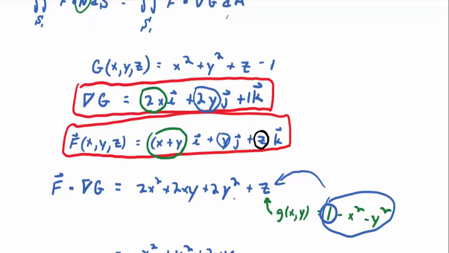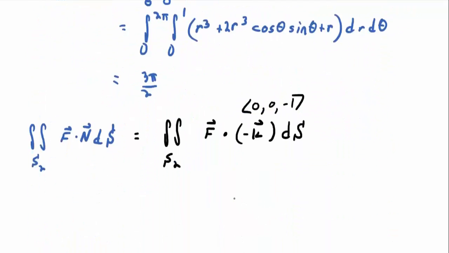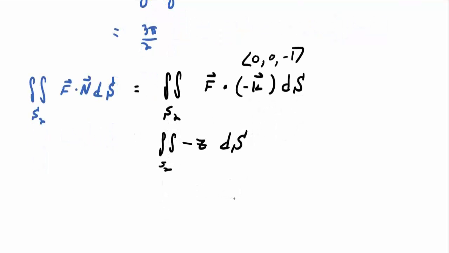Everything else zeroes out when you take that dot product. So this just becomes the integral over S2 of, okay, negative z. But z is equal to 0. So you're integrating 0, which is 0.